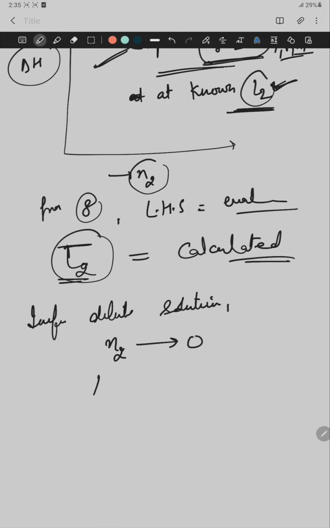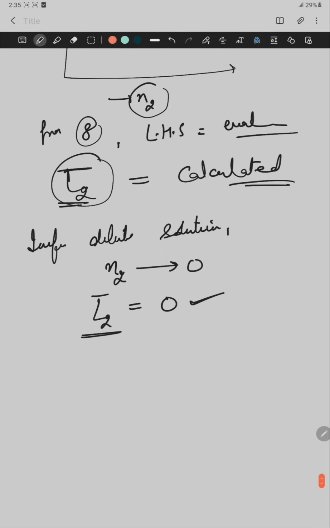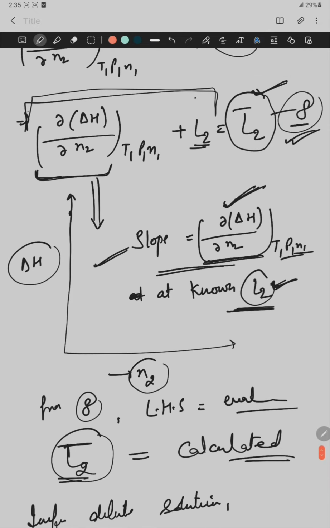In that case, we already know that L2, the relative partial molar heat content, is equal to 0, which we proved earlier in the last derivation. Then from equation number 8 you can see that the right side of equation number 8 becomes equal to 0 for infinitely dilute solutions.